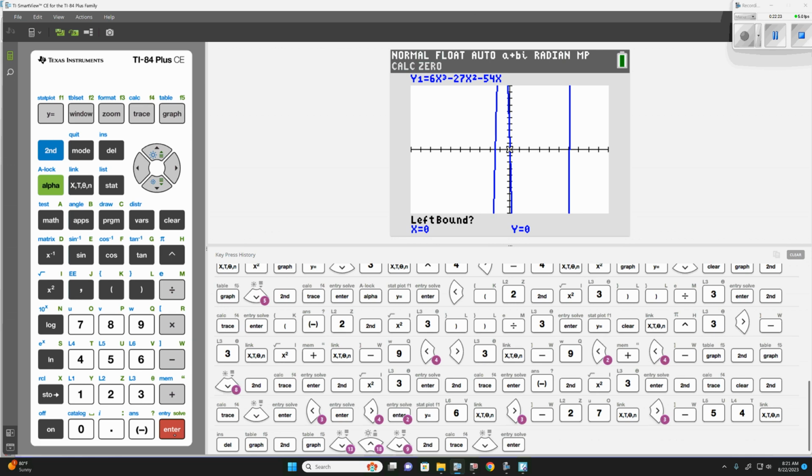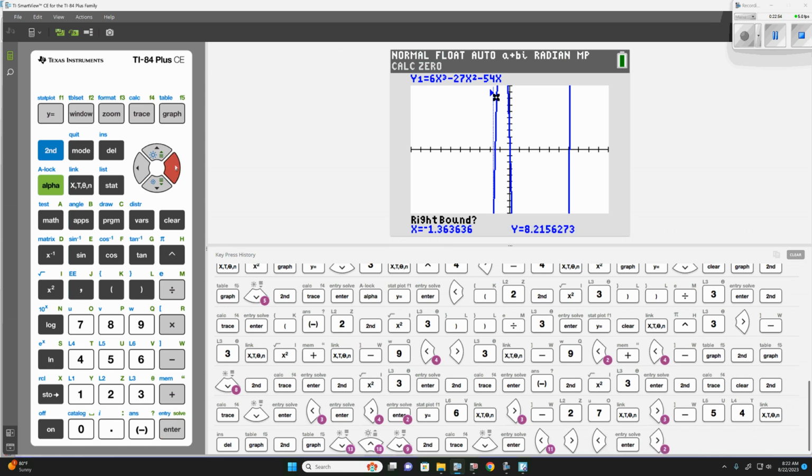Now, again, when it says left bound, we want this little X marker, using the left and right arrows, to be left of the 0, where it crosses on the X-axis. So here, where it's below it, because we're going from negative to positive coming from left to right, we do have it to the left of it. So we'll hit enter. Now the next one it wants is the right bound.